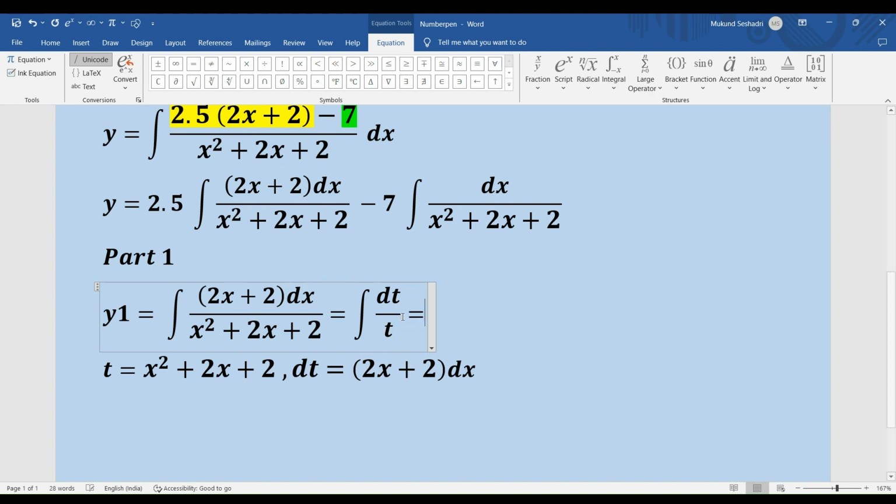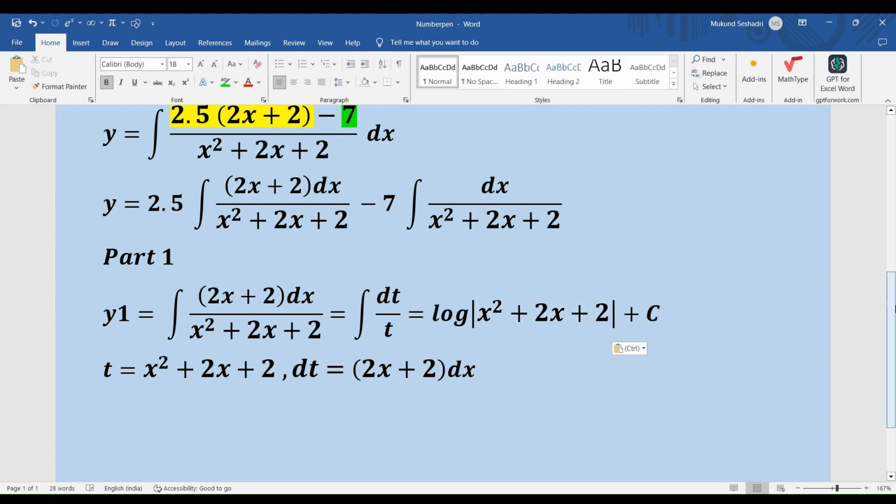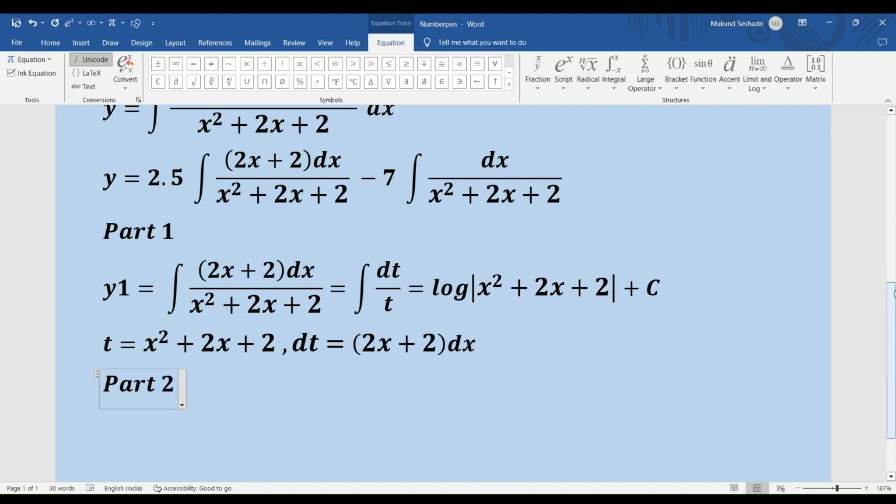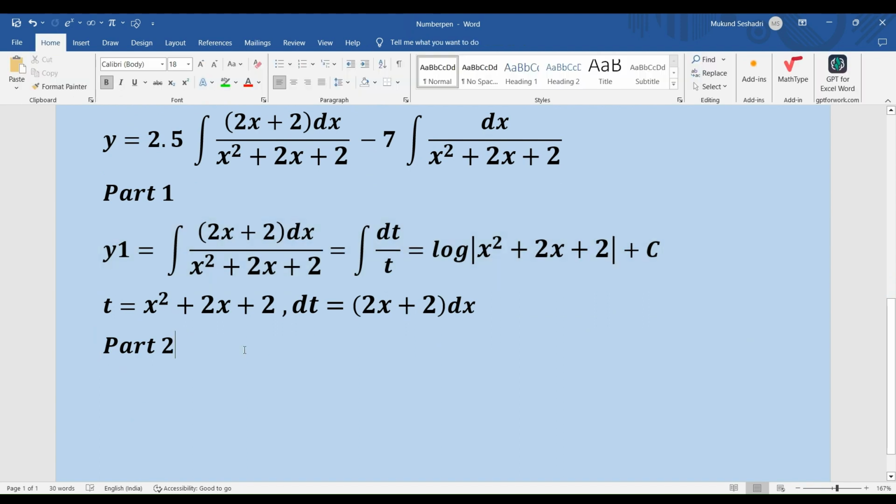And we know the answer for this is not very complicated, log of mod of t plus c, right? And then I cannot leave my answer in terms of x, so I replace my t with the substitution that I made. My t is nothing but x squared plus 2x plus 2. So all that I get is log of mod of x squared plus 2x plus 2 plus c, right? So that's my y1.